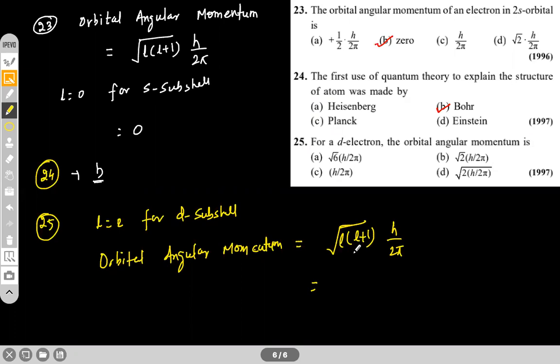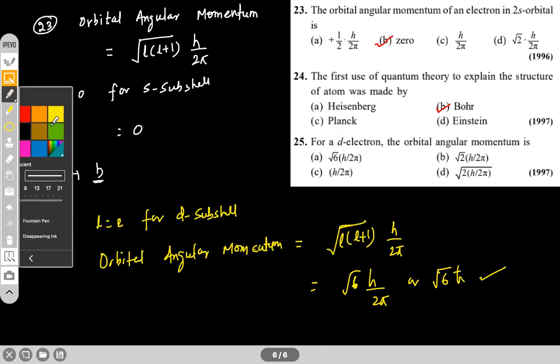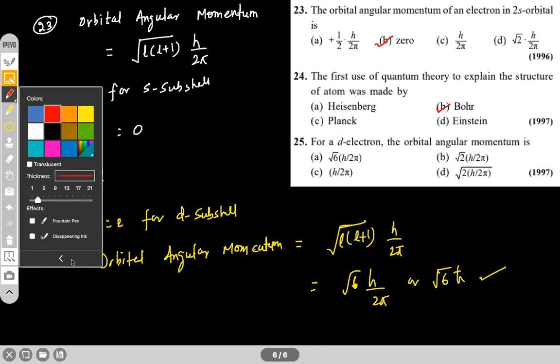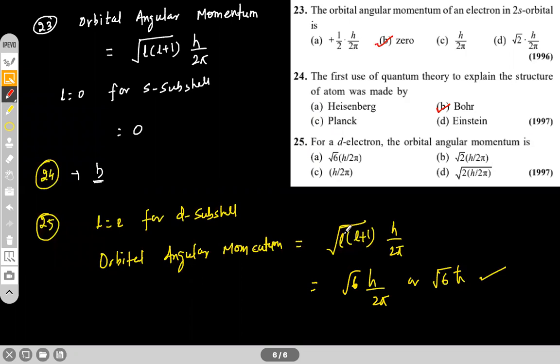L is equal to 2, you substitute, so 2 times 3 is 6, root 6 h by 2 pi. Remember one more thing, h by 2 pi we can also represent with the h-bar symbol. So both are correct here. So the answer for this question is this.